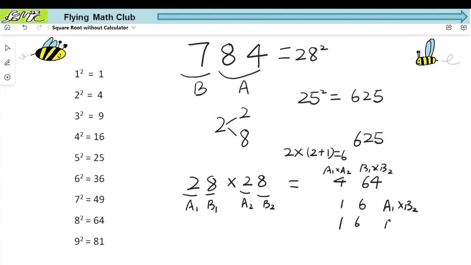This one is B1 times A2. Then we add these three numbers together. It's 4. 3, 6 plus 6 is 18. 1. 4 plus 3, 7. 784. So 28 is its square root.